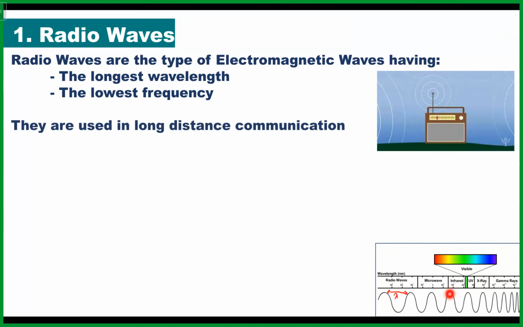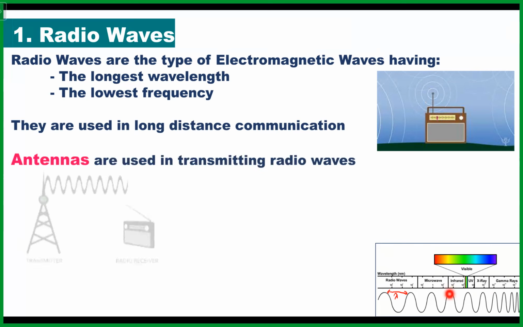Now, what are the uses of radio waves? We use radio waves in long distance communications. So usually what we would do is that we have a radio transmitter which sends information in the form of these radio waves. And then you'd usually have a radio receiver. So we usually use antennas in transmitting radio waves.